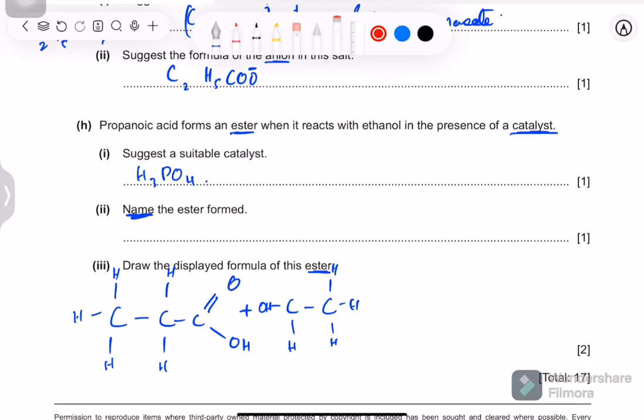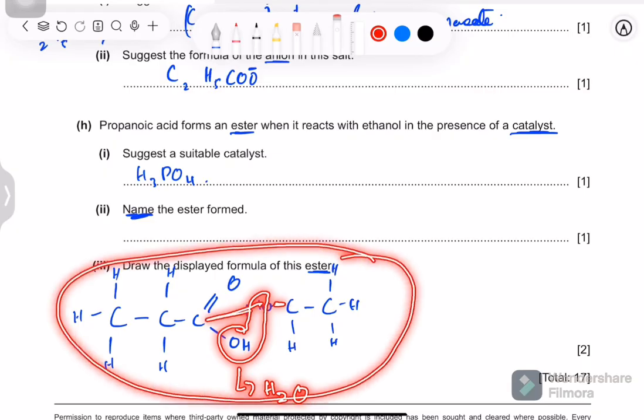What happens when an ester is formed? This OH and this O, sorry, my bad, this HO. So what goes away is this OH and H combine to form H2O, and this leaves the molecule, and this oxygen joins to this carbon, and an entire molecule is formed.